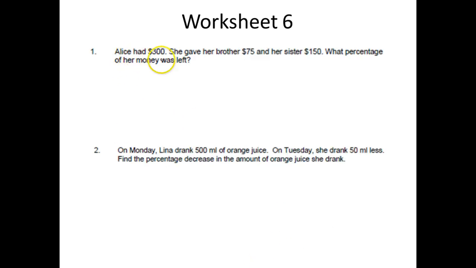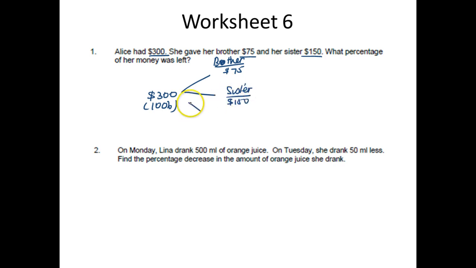Question 6. Alice has $300. She gave her brother $75 and her sister $150. What percentage of her money was left? So this is the, at first, Alice has $300, which is 100%. She gave the brother $75, sister $150.